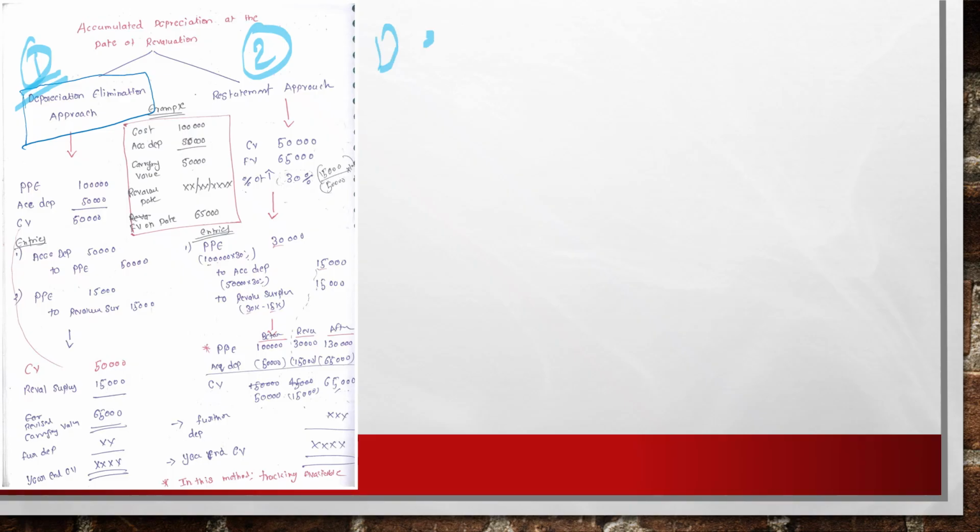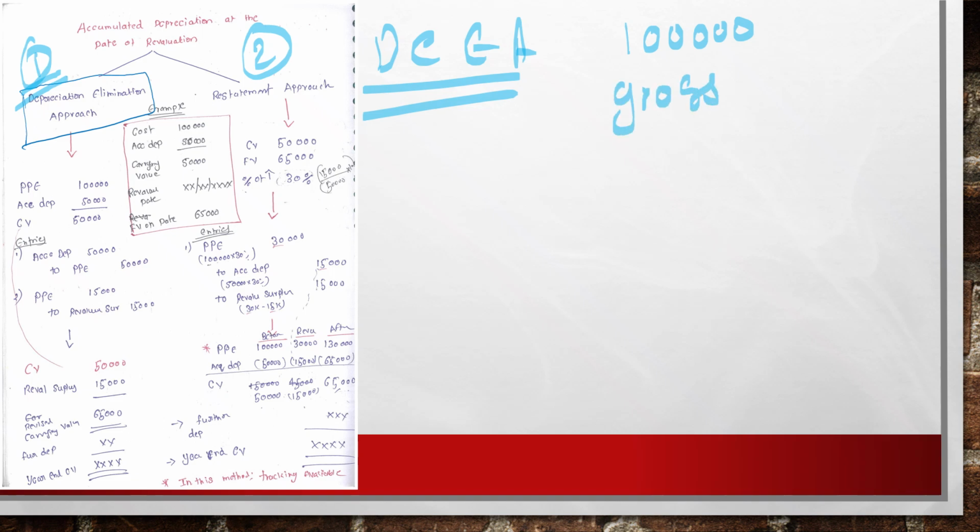in the depreciation elimination approach, you first see the gross value is 1 lakh, and accumulated depreciation is 50,000.